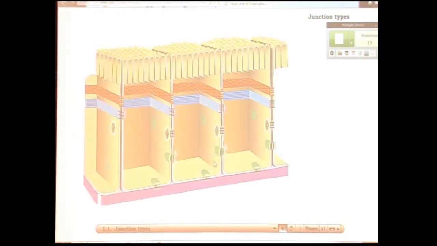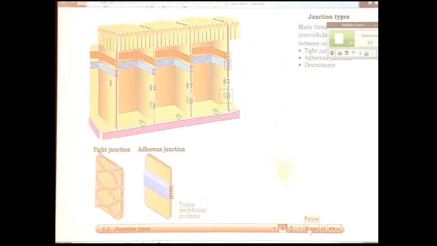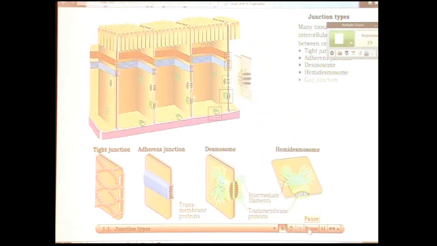And one thing to point out before we start is that you could have all 3 of those junctions between the same 2 cells. So tight junctions, adherens, don't worry about desmosomes or hemidesmosomes.